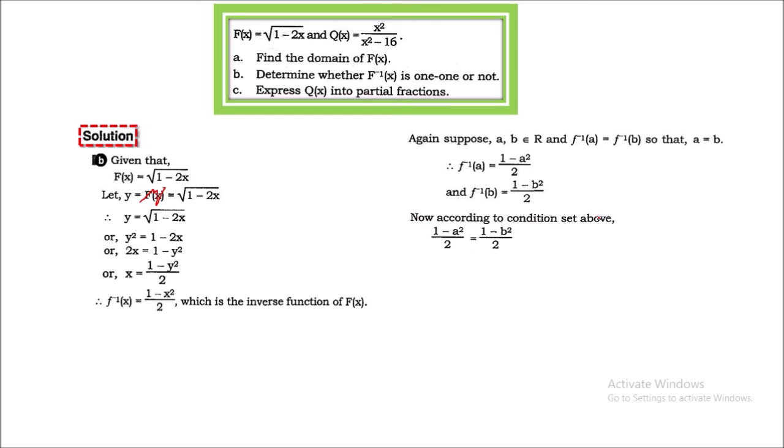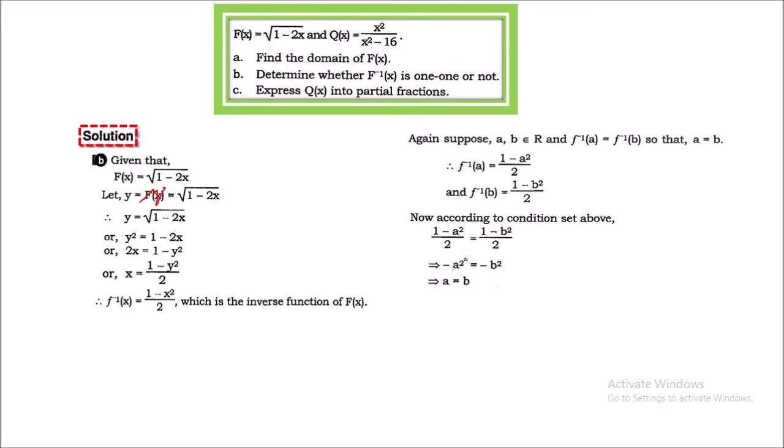Now according to the condition of a one-one function, these two will be equal if and only if a = b. So (1 − a²)/2 = (1 − b²)/2. So we can say here that I am just multiplying by 2.